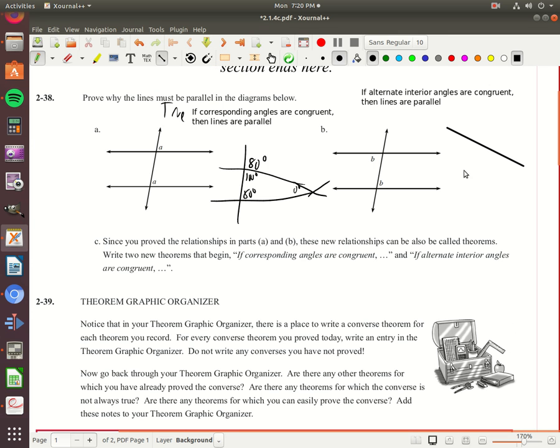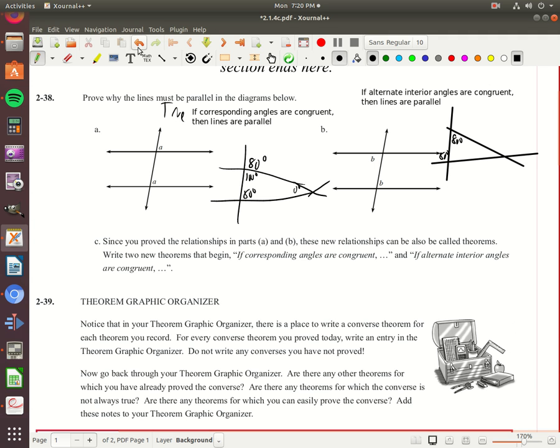So here we go. We're going to draw this so that these alternate interior angles here we'll say is 80 degrees.